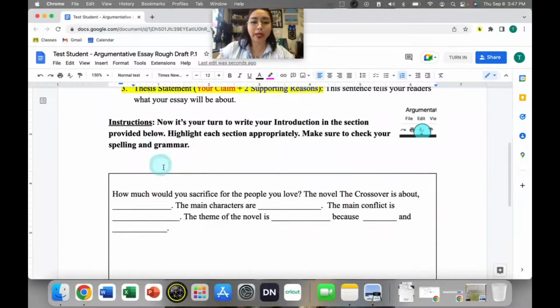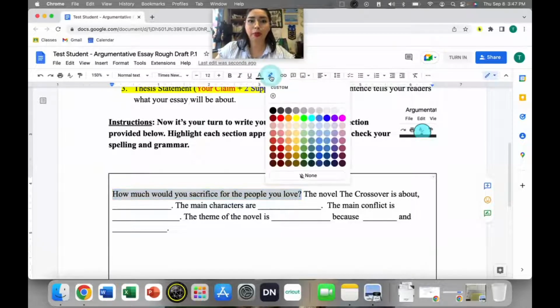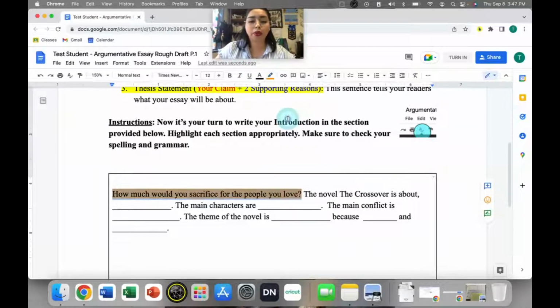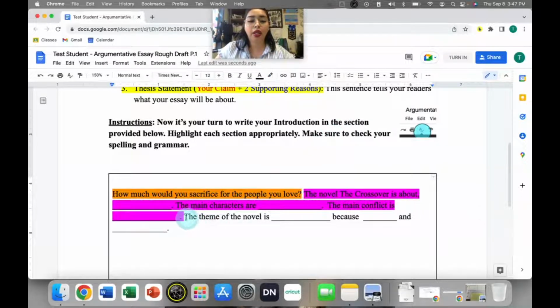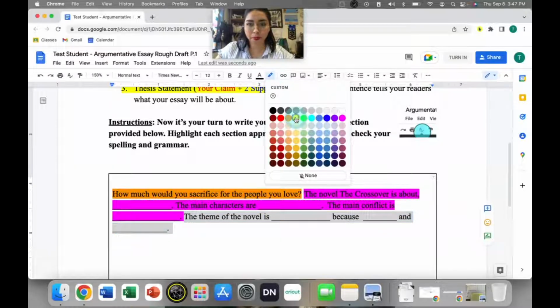So I'm going to do that right now. This was my hook. Remember, I go to highlight color up here, and I said my hook was orange. My background information was that purple pink. And then my thesis statement is yellow. Cool.